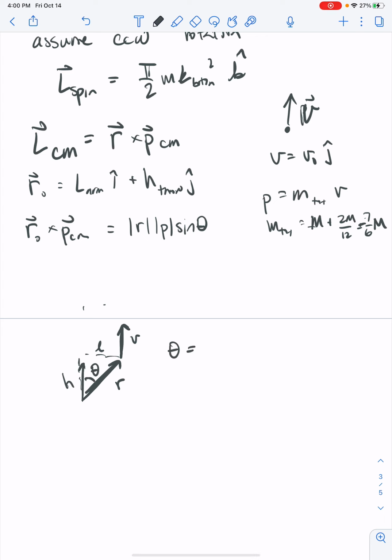So theta is tan inverse of L arm over H throw.